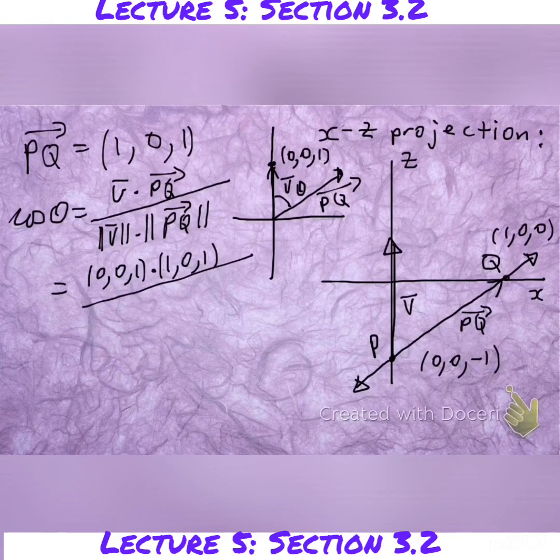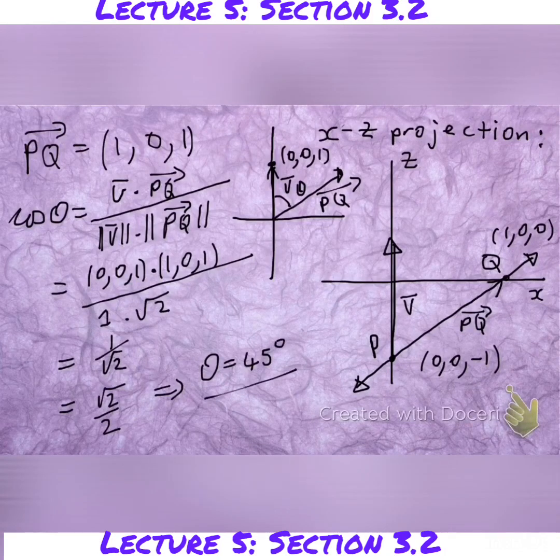What is the norm of this unit vector? It's 1. And the norm of the vector PQ is square root of 2. So that dot product becomes 0 times 1 plus 0 times 0 plus 1 times 1, which is basically 1. So that's 1 over square root of 2, which is equal to square root of 2 over 2, which implies that theta is 45 degrees.